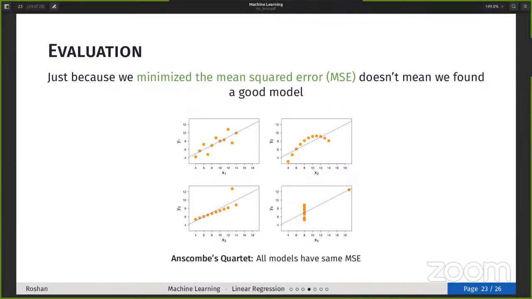Just say which do you think? Just by looking at it, which can you say? Which model is a better fit?